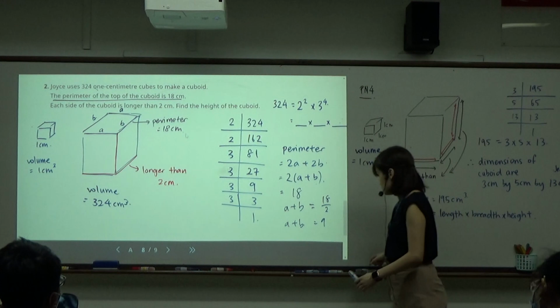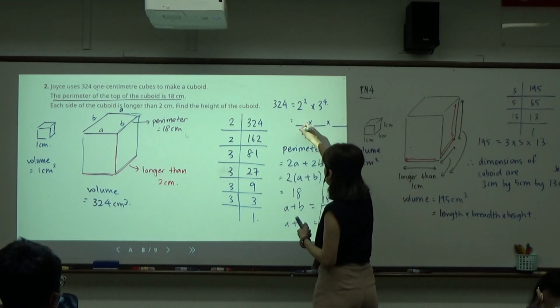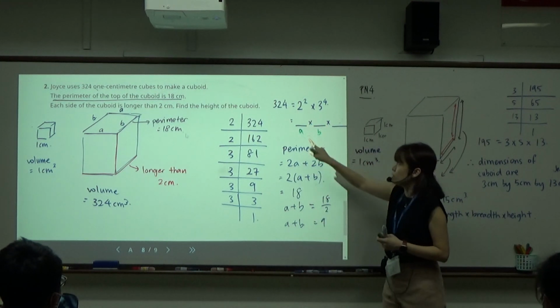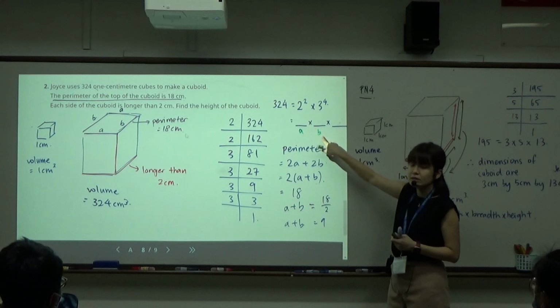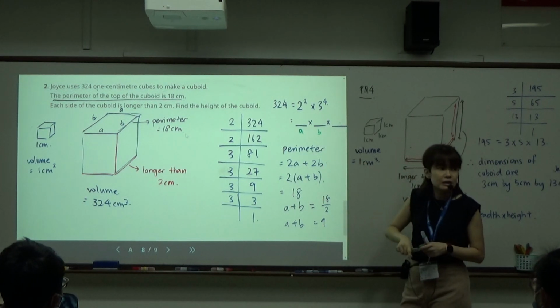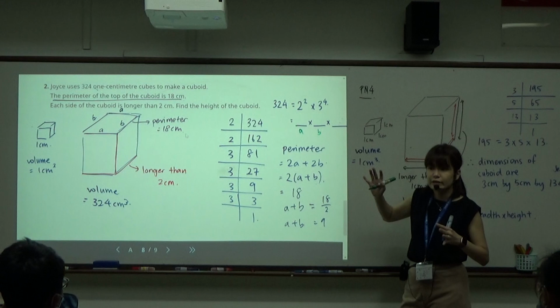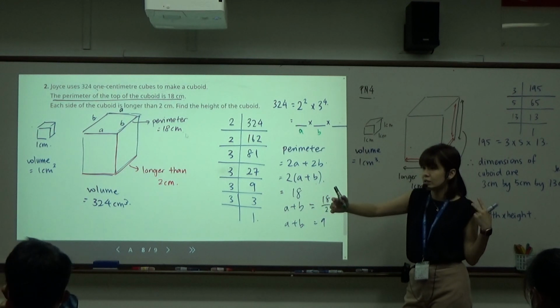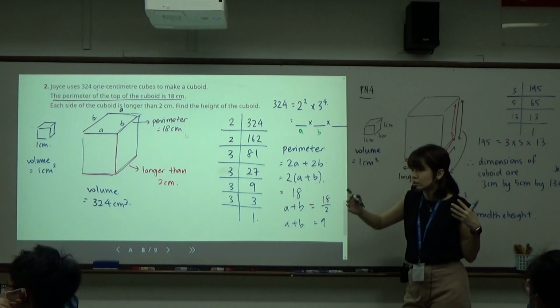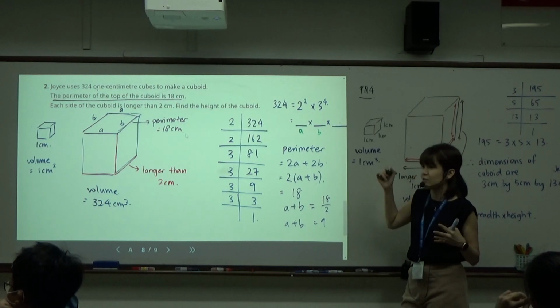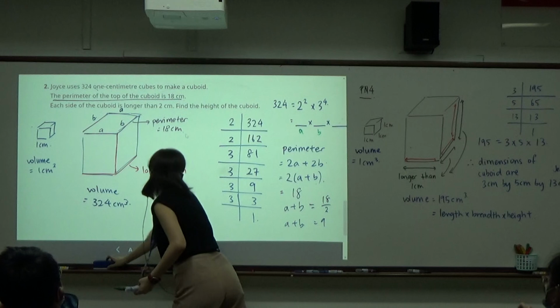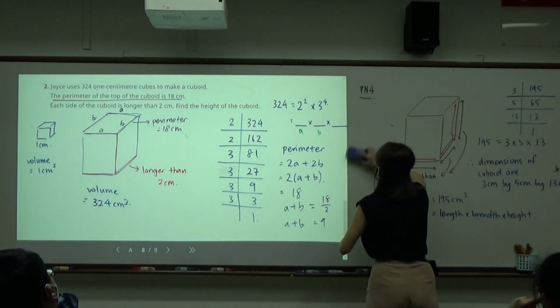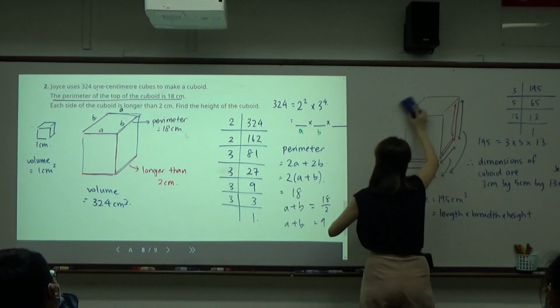At this point, anybody confused? So if I let this be A plus B, A plus B must be 9. Anyone confused so far? Not following? You confused? Oh, I saw your hand raised up. Yeah? So that's our first condition about the perimeter.